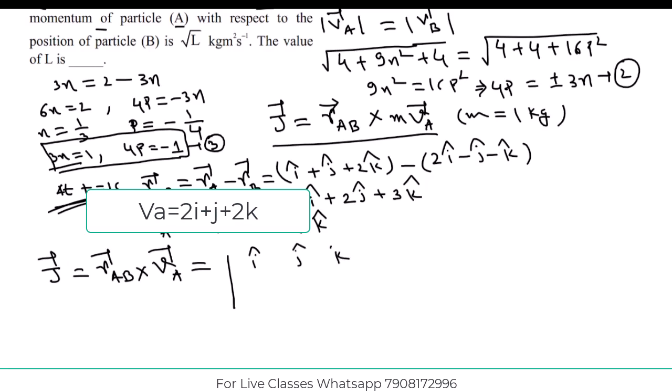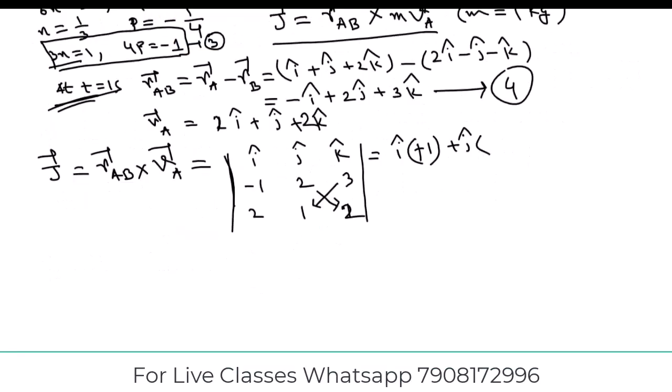Calculate this cross product, that is i j k, with r_AB from equation 4, minus 1, 2, 3, and v_A 2, 1, 1. The i component is 2 minus 3, that is minus 1, the j component is minus 1 into 2, that is minus 2, minus 6, and the k component is minus 1 minus 4, that is minus 5. So this becomes minus i cap minus 8j cap minus 5k cap.